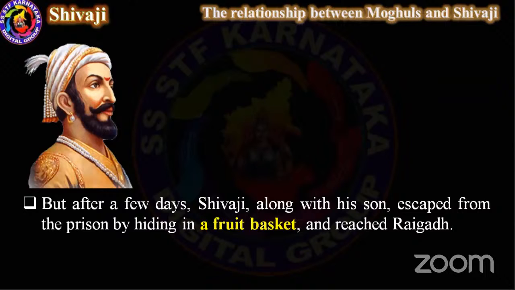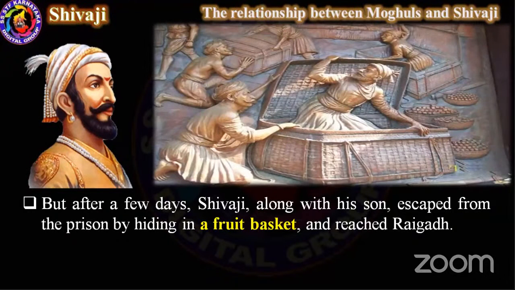He was small in stature, but he was very clever and intelligent. Because of that intelligence, he succeeded in escaping in the food basket with his son.